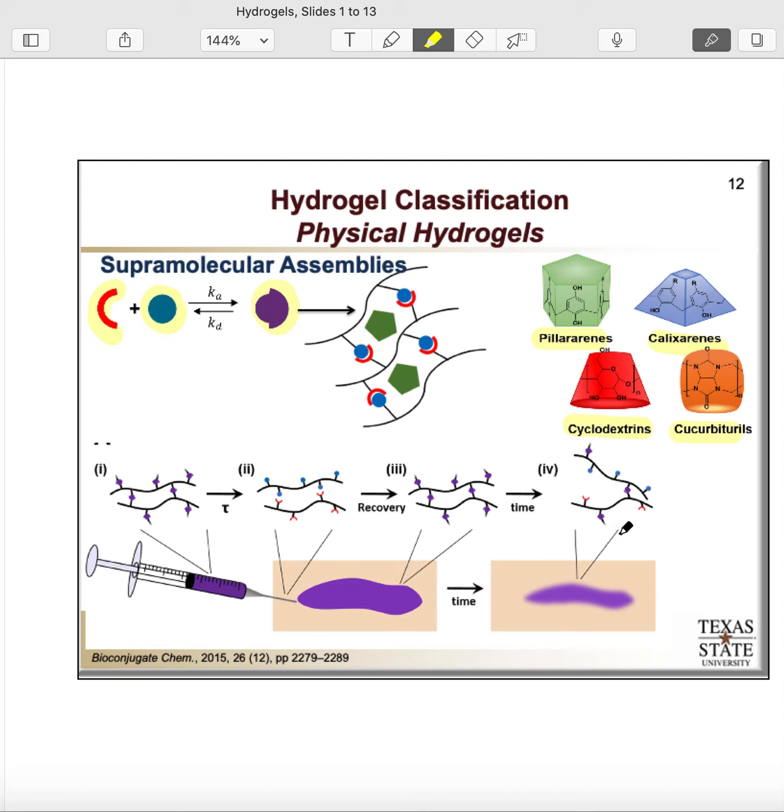And then over time, through competitive interactions with biomolecules, the hydrogel would begin to disassemble, because the binding between the cavitant and the target would be competed away, and the hydrogel would dissolve over time, thereby releasing the cargo over time. So that's a really interesting injectable drug delivery system based on a hydrogel that is held by supramolecular assemblies.